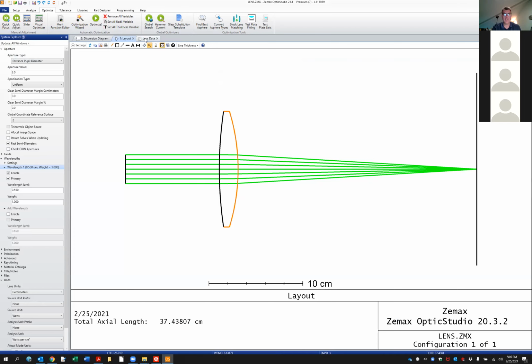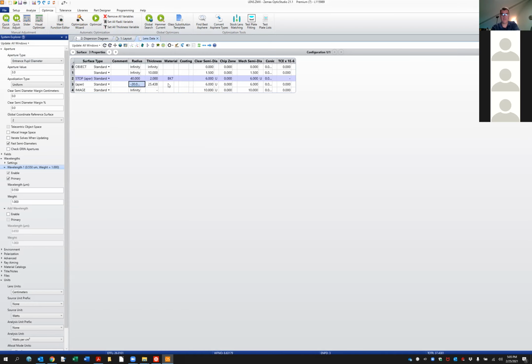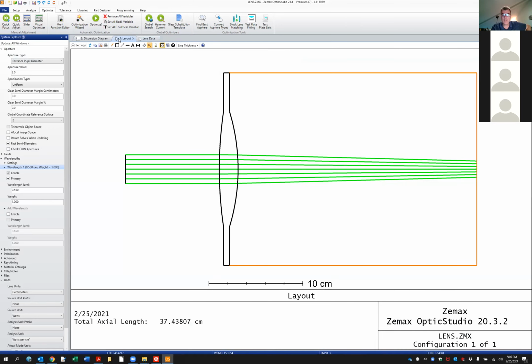All right, now that I've done that, I've got a nice asymmetric lens. I'm going to put water here. And it should be to nobody's great surprise that the rays of light are not coming to a focus.